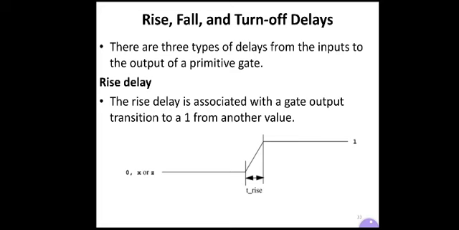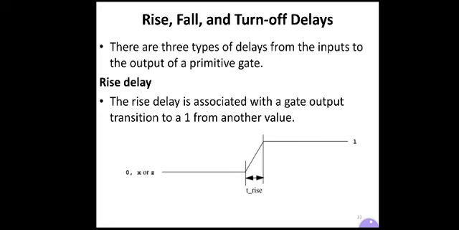They are classified as rise delay, fall delay, and turn off delay. The first one is the rise delay. As the name suggests, when the output transitions from any value to 1, that is high, this is called the rise delay.